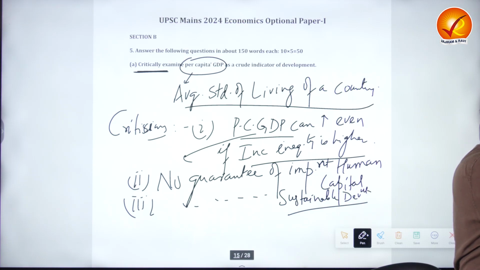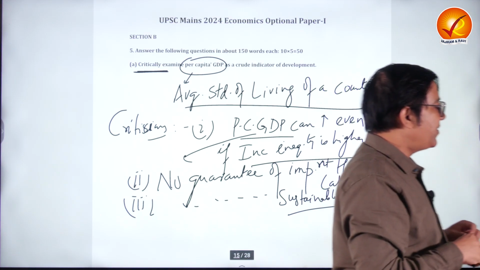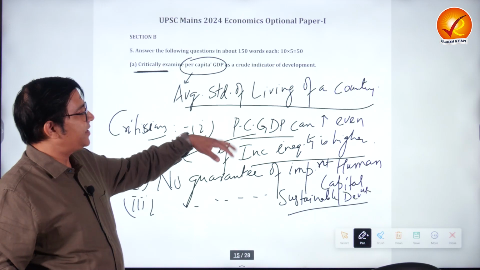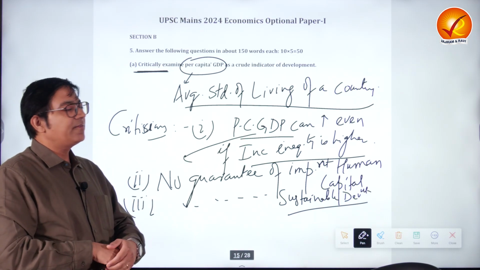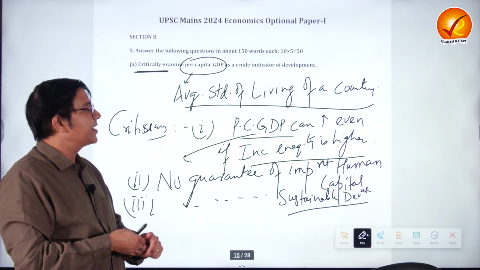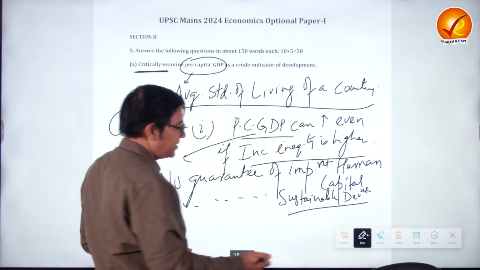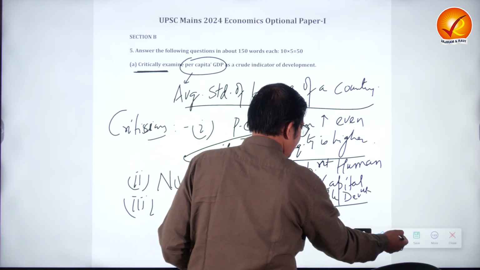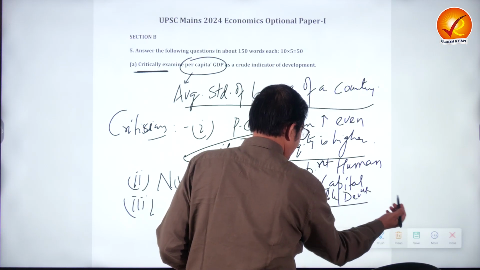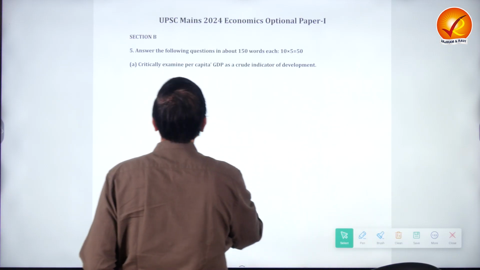So that is how you can handle such a question. Okay, let's come to the next one. You can even write down here that some sectors may not get equal benefit from higher per capita GDP, like the agricultural sector in a developing country. It's a general question and you can innovate more on this, I'm sure.